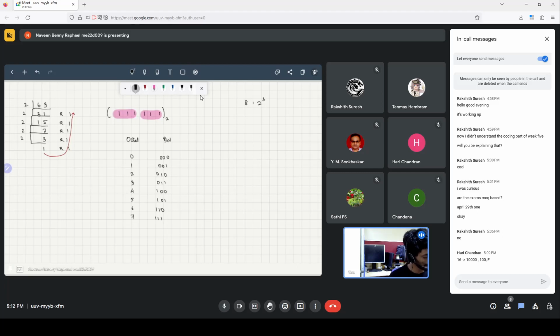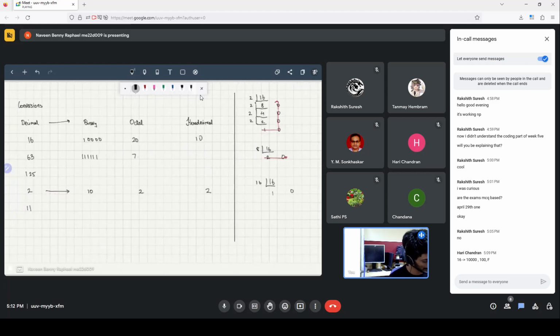So here we have 111 in the first group of three digits, and 111 corresponds to 7 in octal, and the other 111 corresponds to 7 again. So this is 77 in base 8.